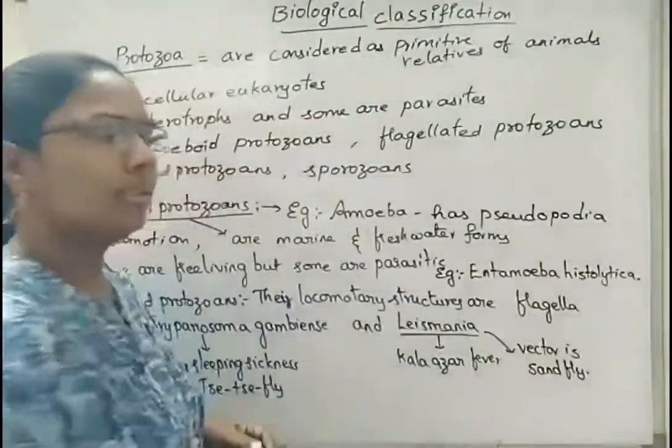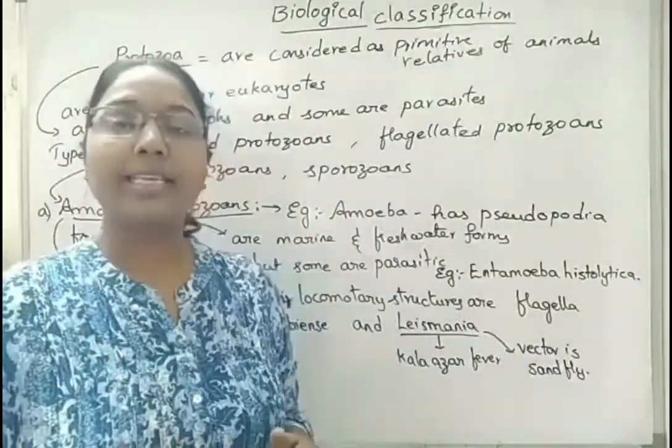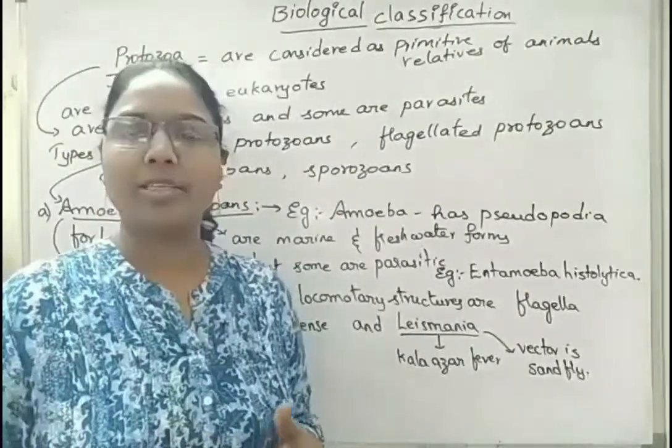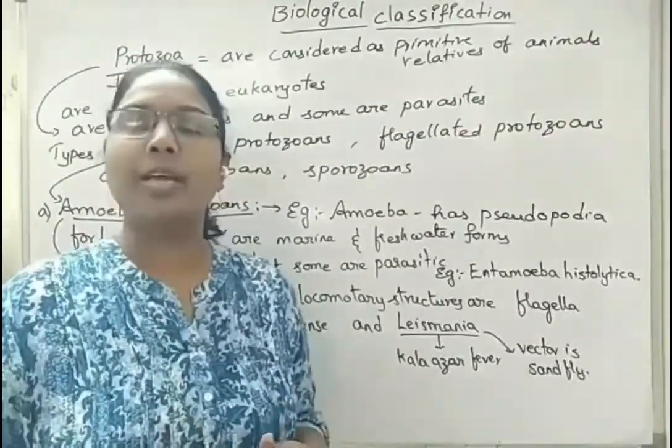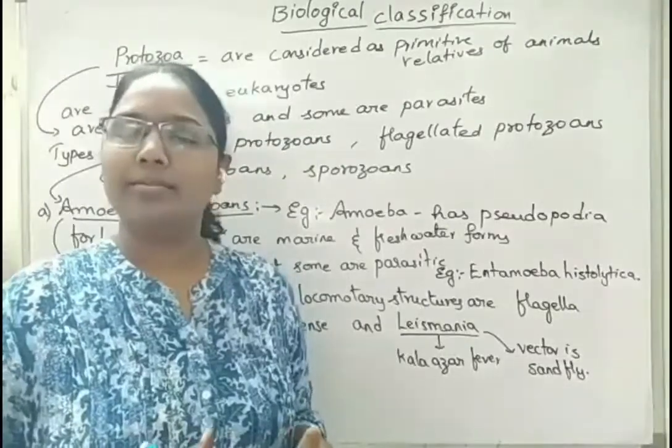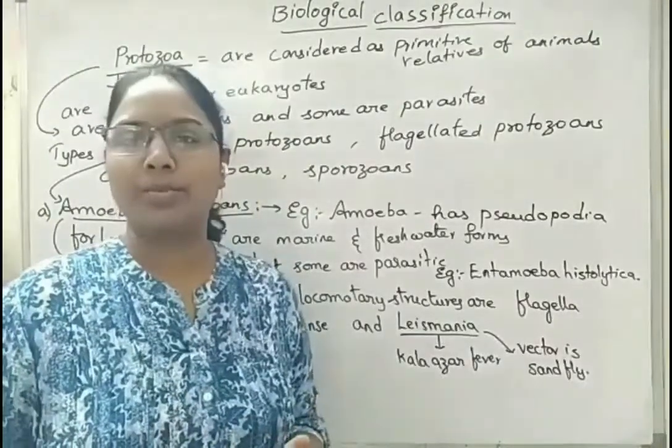How do we know that? In case of malarial fever, the vector is the female Anopheles mosquito, and for Wuchereria bancrofti, the vector is the female Culex mosquito.